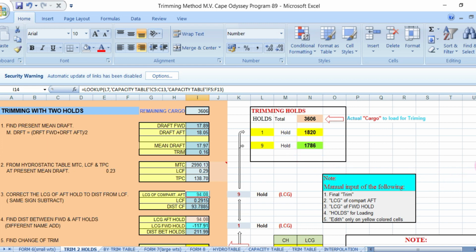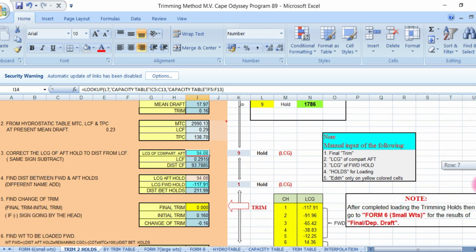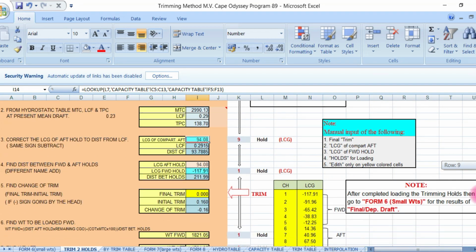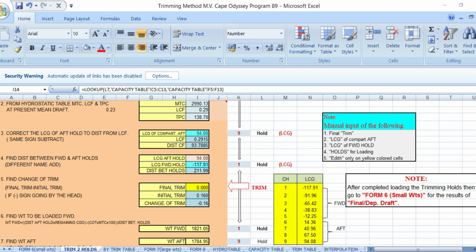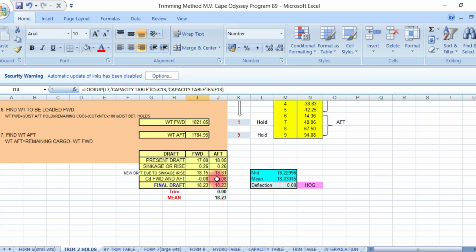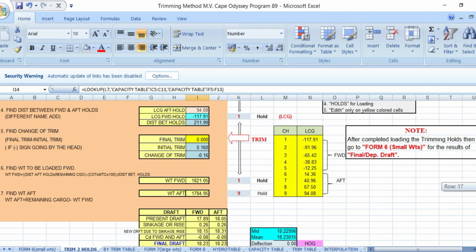Number 9 will be 1786. Okay, 76. So your drop departure will be 1823, 1823, forward and up, and your mid also. So you have an even keel. This is now the thing.